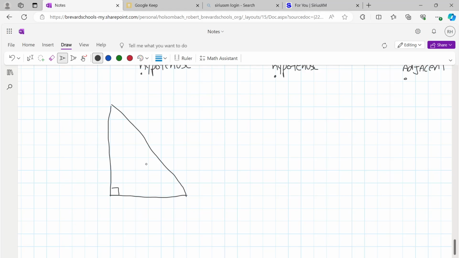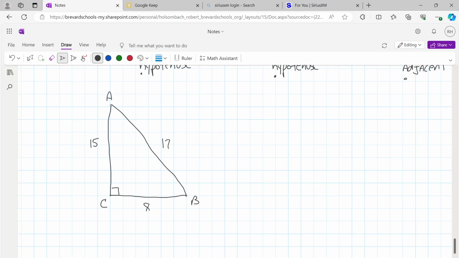And we're going to label it ABC. We're going to give it some side lengths today: an 8, a 15, and a 17.